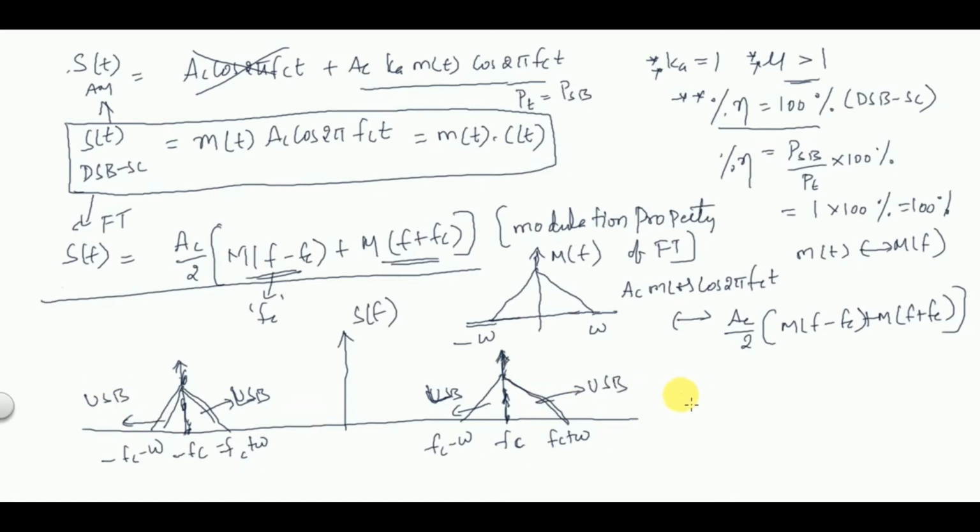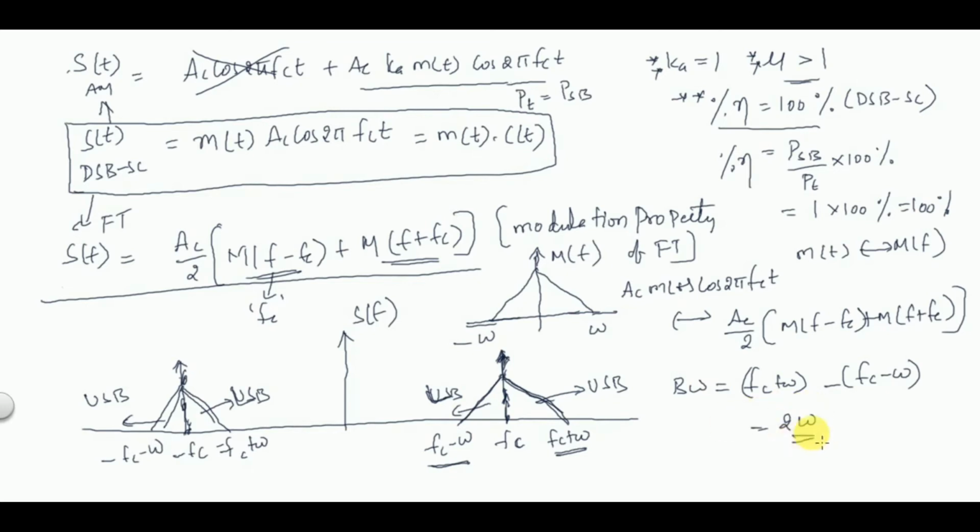Bandwidth is the highest frequency minus the lowest frequency in positive frequencies, so fc plus W minus fc minus W becomes 2W. There are two sidebands present, only sidebands, no carrier term, so both upper and lower sidebands are present.